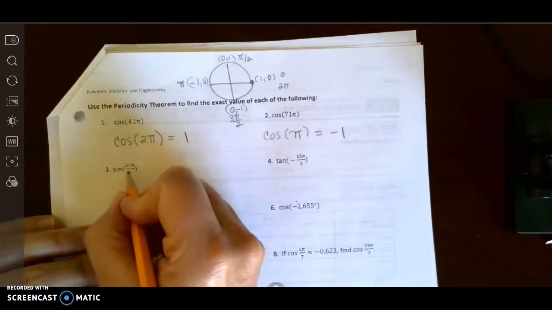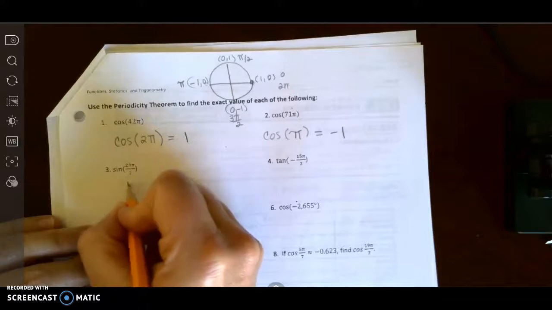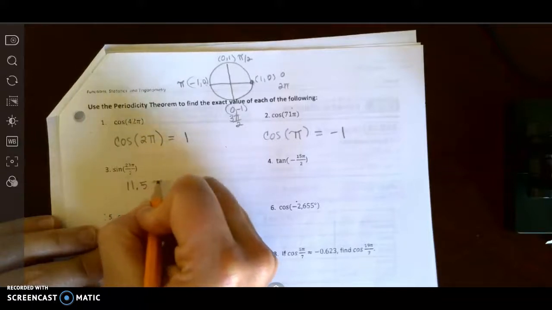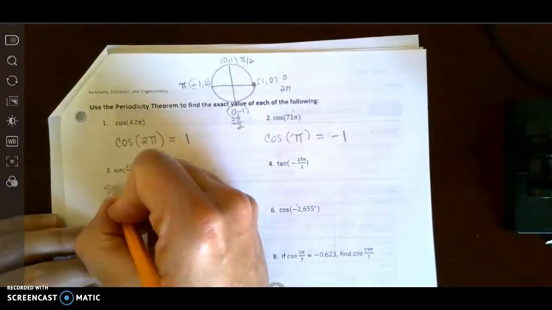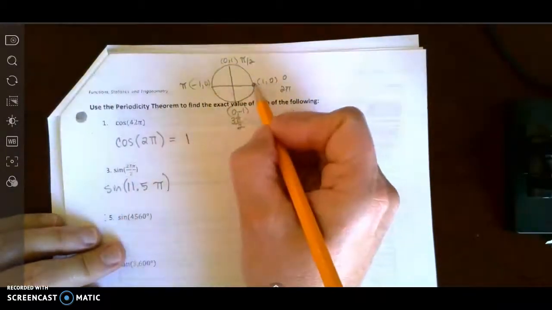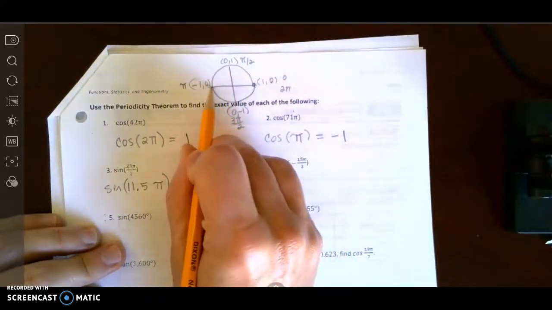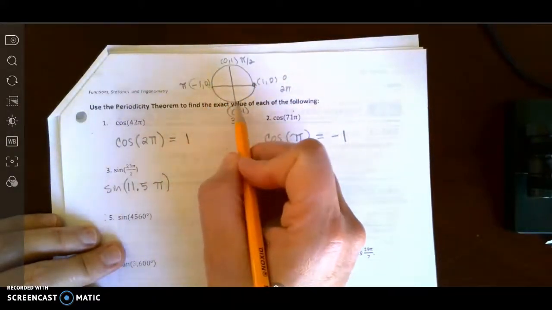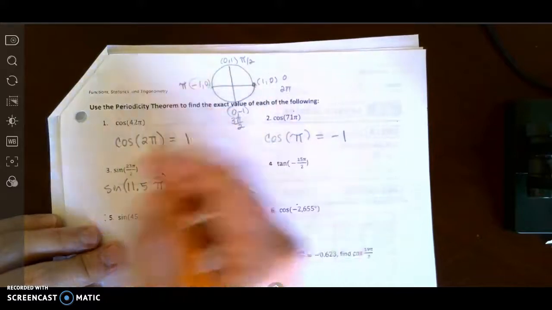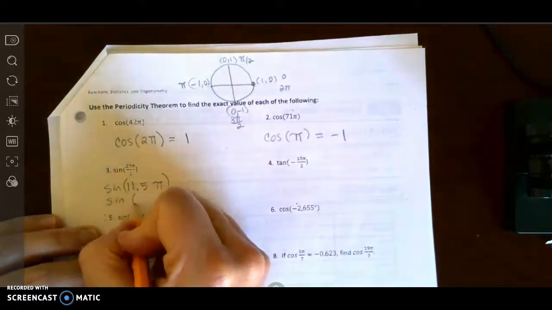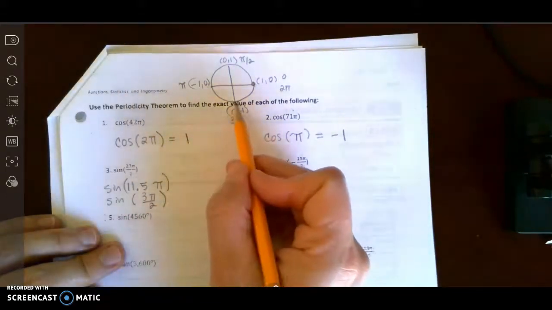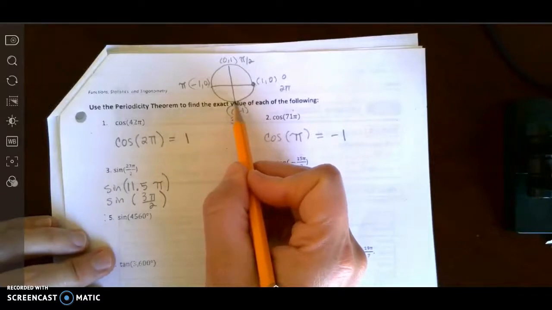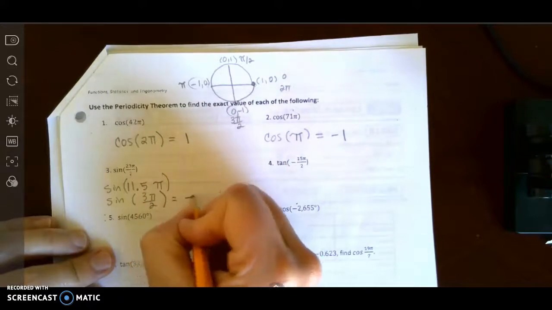So 11 pi would be right here, and half of a pi is right here. So it's the same as finding the sine of 3 pi over 2. That's what 11.5 pi is. And the sine is the y-coordinate, so it's -1.